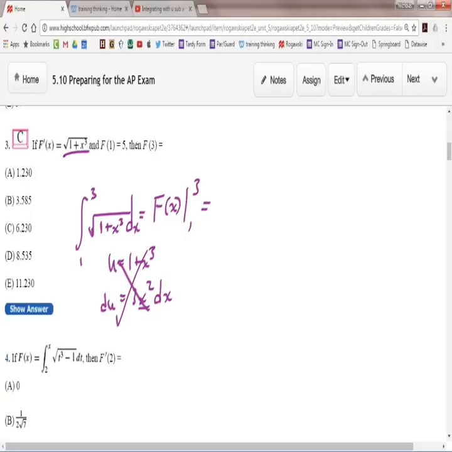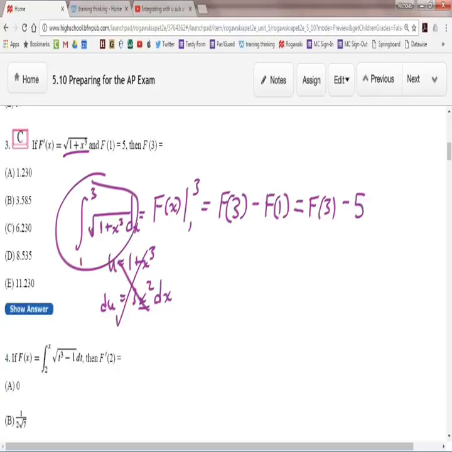Then you would get f of 3 minus f of 1. Then notice that f of 1 equals 5. We don't know what f of 3 is, and actually that's what we're looking for. So this right here equals this.